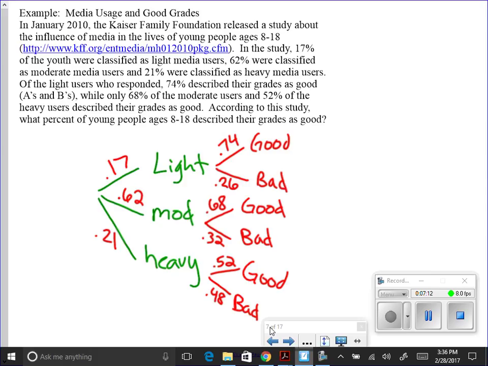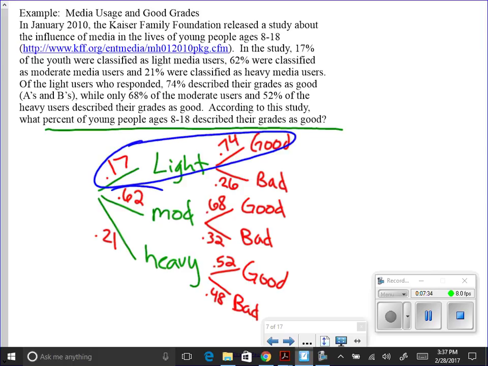The question is, what percent of young people describe their grades as good? There are 3 ways we can get good. We can get good with the light, this branch. We can get good with the moderate, this branch. Or we can get good with the heavy, this branch.